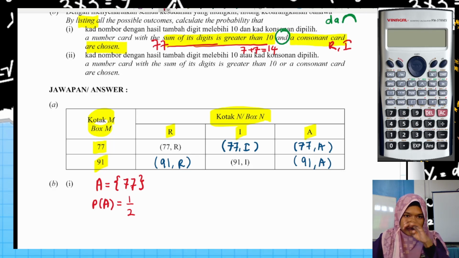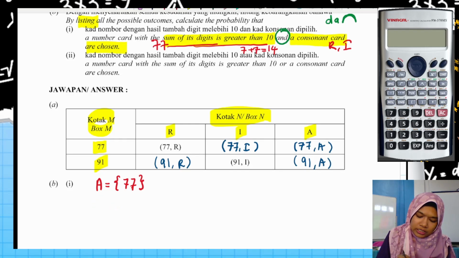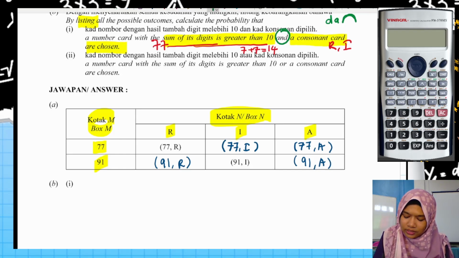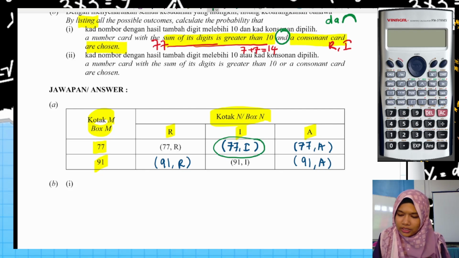Okay, in box M, okay, tapi kejap kita tengok. Okay, ni kita dah listing dah sebenarnya. Oh, dah listing dah kan question A tadi dah ada jawapan. Okay, so kita tengok 77 dengan R sajalah. RI pasal apa?